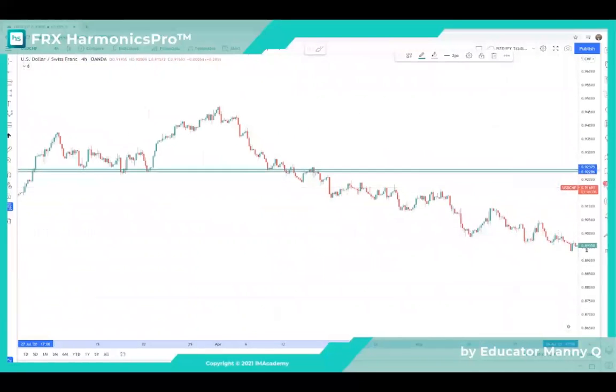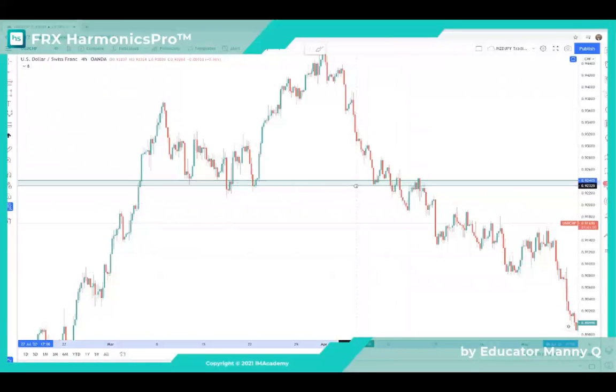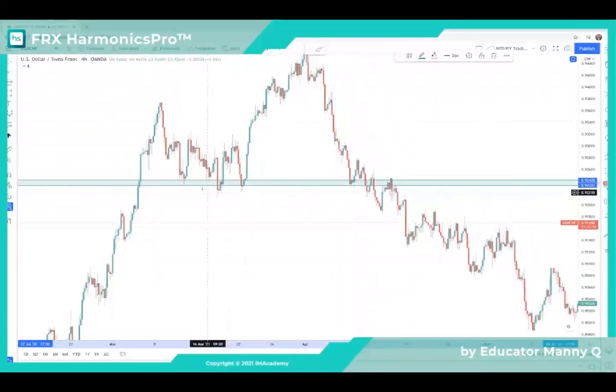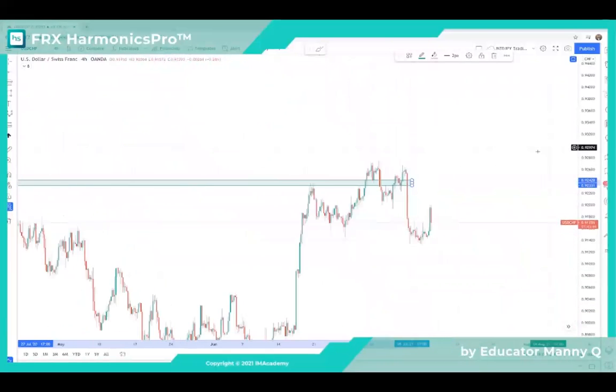Let's take a look. Right? We have price rejection on both sides of these zones. Price rejection, price rejection, price rejection, price rejection, market pulls back in, price rejection, price rejection. So we have some very, very strong price reversal zones. Now this is the 4-hour.